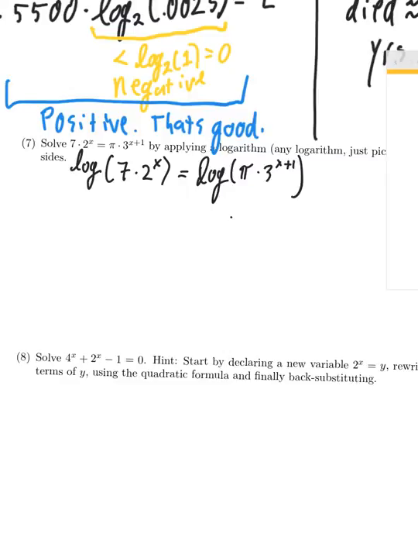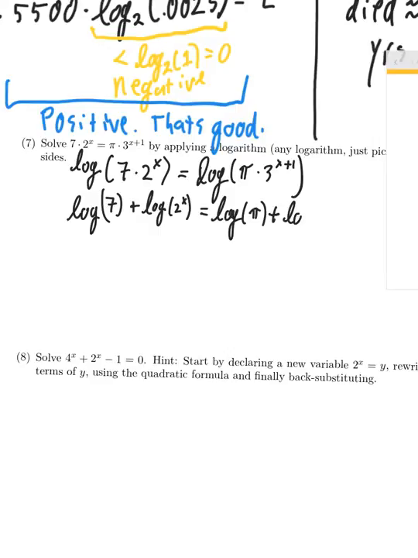And that might seem like it's just made everything worse, but I can take advantage of logarithm laws. I see multiplication inside of those logs. That'll become addition. Log 7 plus log of 2 to the x equals log of pi plus log of 3 raised to the x plus 1.